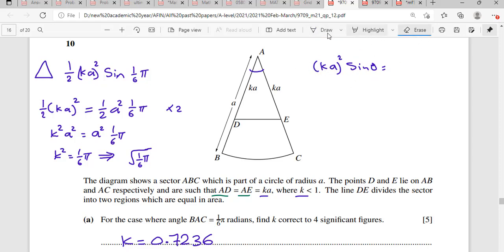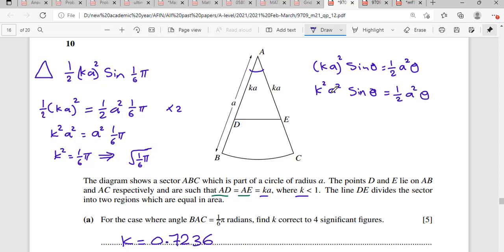If we multiply it by 2, this 1 over 2 will be removed, is equal to 1 over 2 r, which is a, r squared theta. This is the general form. Here again we want to make k the subject, and it will be k squared a squared sine theta equals 1 over 2 a squared theta.